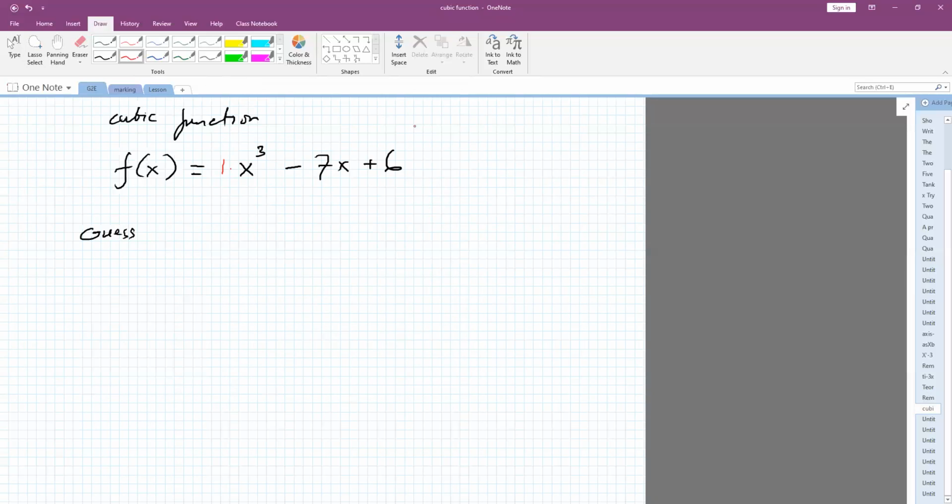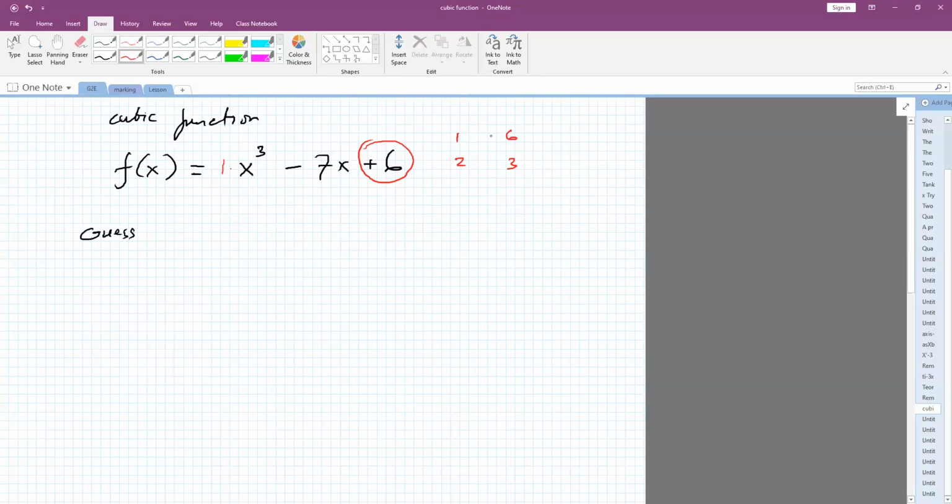Then the next thing you look at is the last value, the constant. With this number, we need to find all the combinations of products that give us this number. For example, 1 and 6, and then 2 and 3.